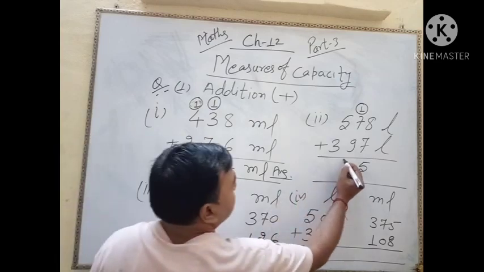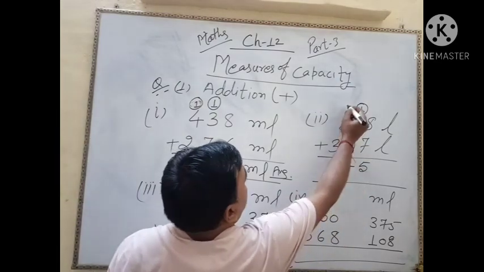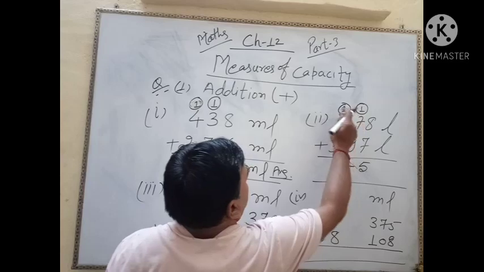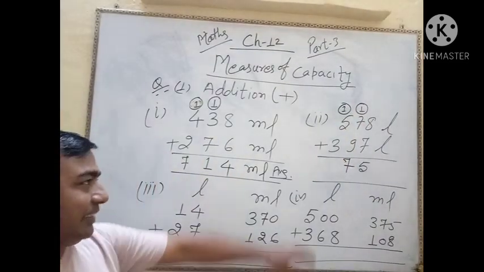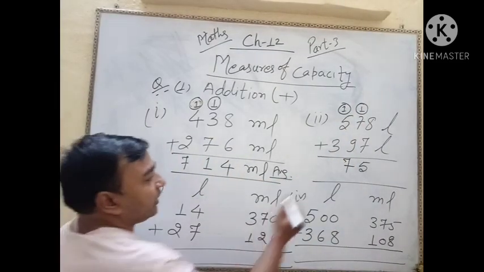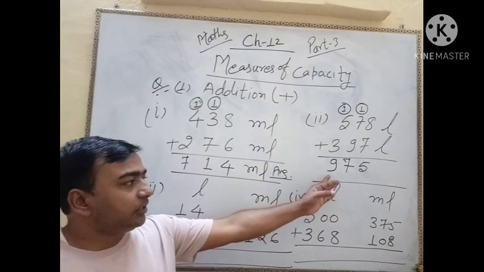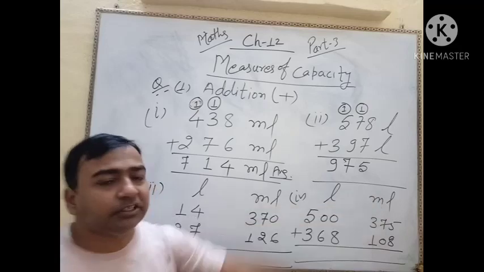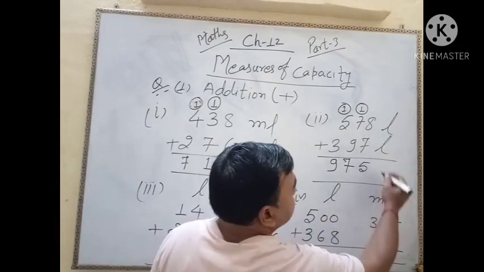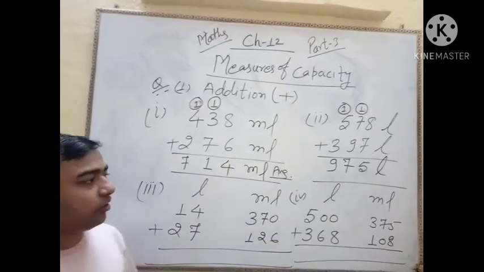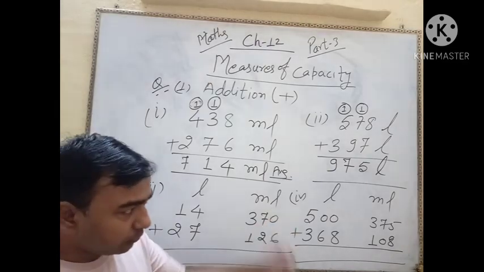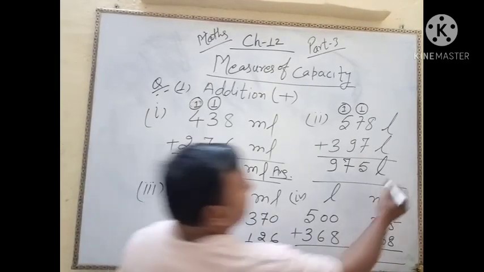So we will write only 7. Carry 1. 1 plus 5, 6. 6 plus 3, 9. What is the answer? 975 liter. What unit do you need? Liter. L is the short form of liter. So this is our answer.